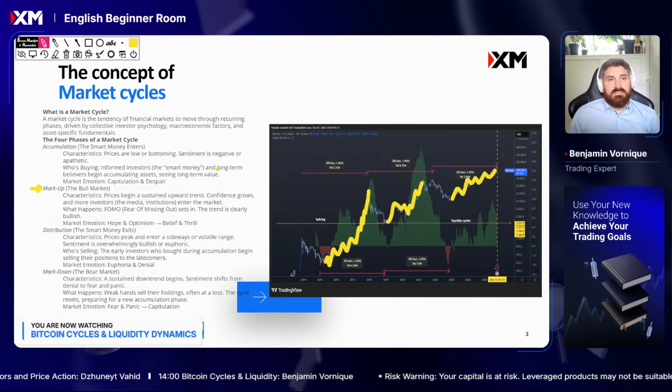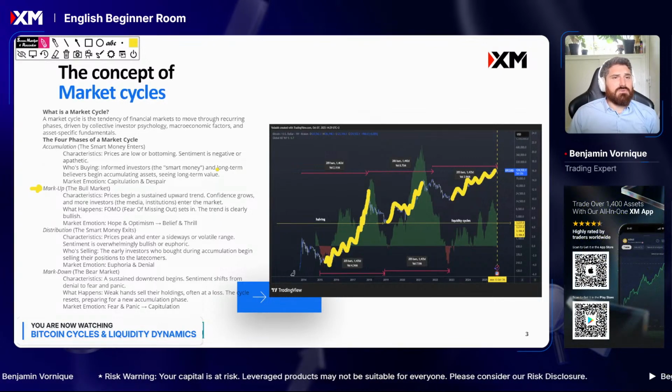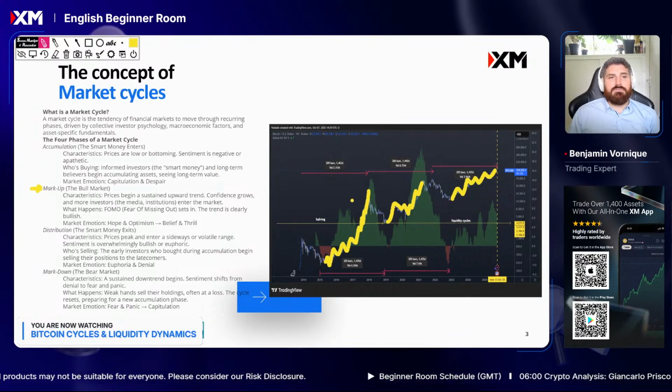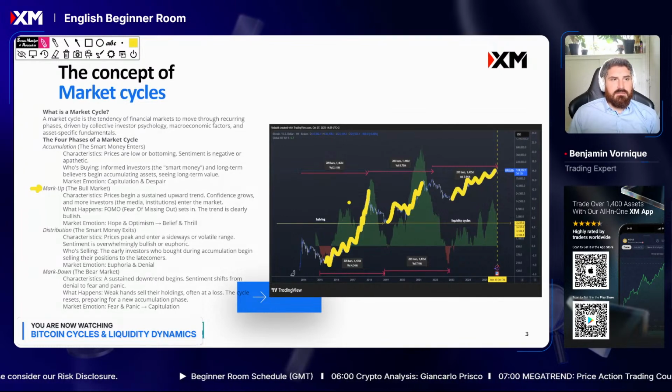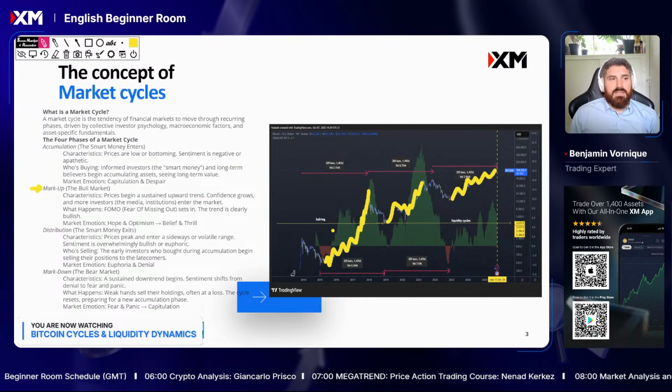The confidence is growing. More and more people are talking about it. The media, the institutions, everyone is entering the market, okay? So usually, this is where you have FOMO at the end, fear of missing out. And the trend is usually very bullish in this phase of the market, okay? It starts with hope and optimism, but really ends in belief and euphoria.